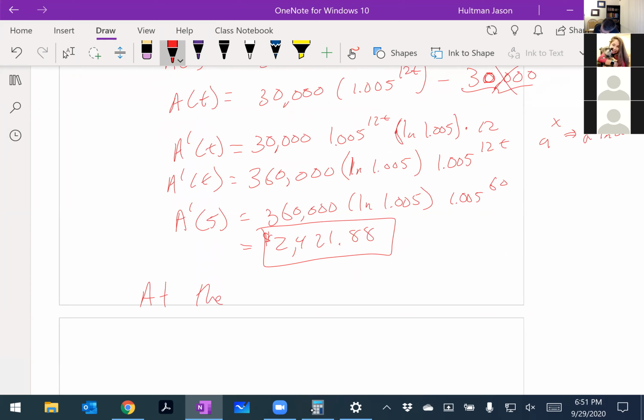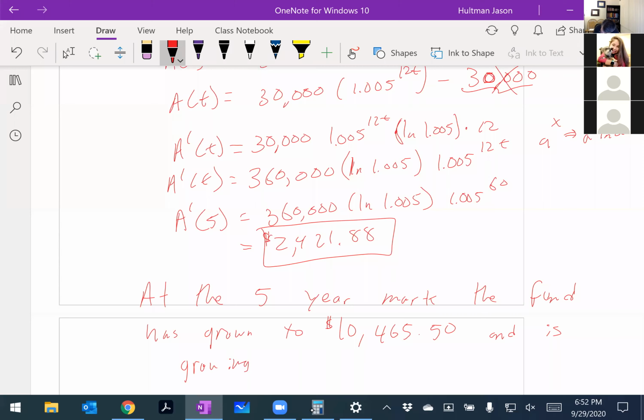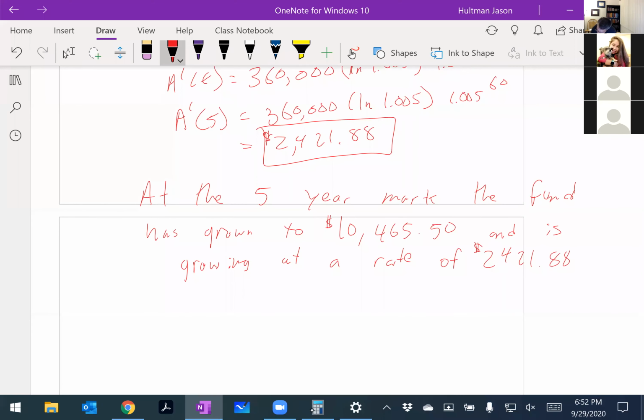At the 5-year mark, the account has grown to $10,465.50 and is growing at a rate of $2,421.88 per year.